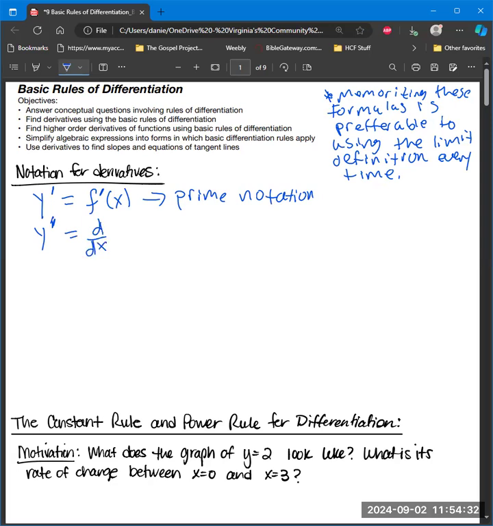This is the differential operator, which is the same thing as df dx or dy dx. This is our differential notation.